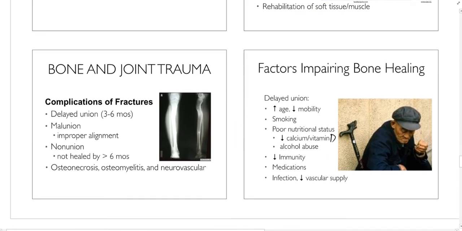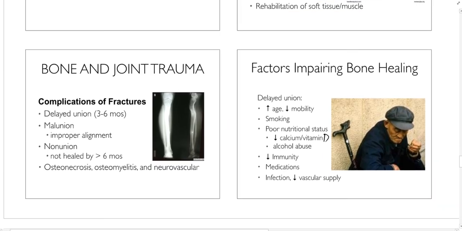The muscles are likely to atrophy over time, which is normal, but we want to try to limit how much that occurs. We can have some complications in the healing process of bone fractures. If it takes 3 to 6 months, we can have a delayed union where it takes longer for the two ends of the bones to unite together, which can result as well in some malformation of the bones joining.